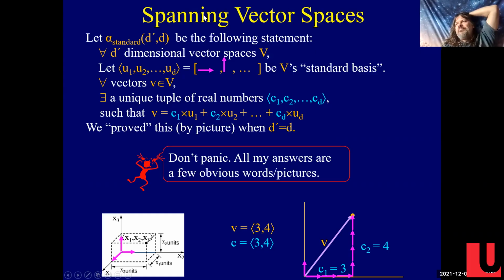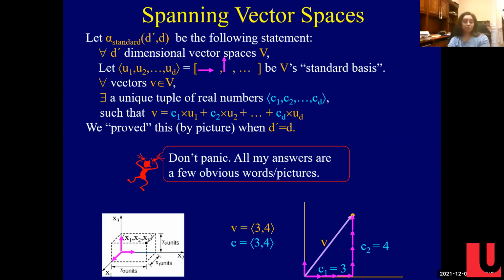That's called spanning. Your vector space is being spanned by the bases, because all you do is travel by these basis vectors. You go this way and this way and this way, and you can get anywhere in the vector space. Does that make sense?